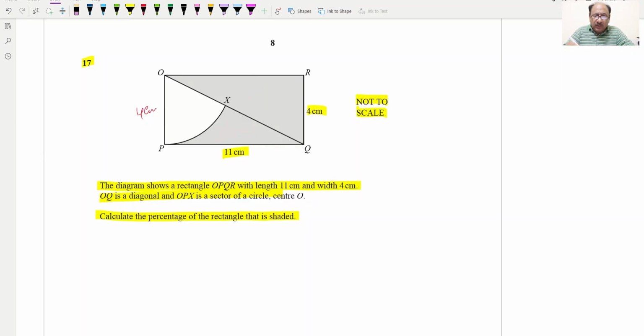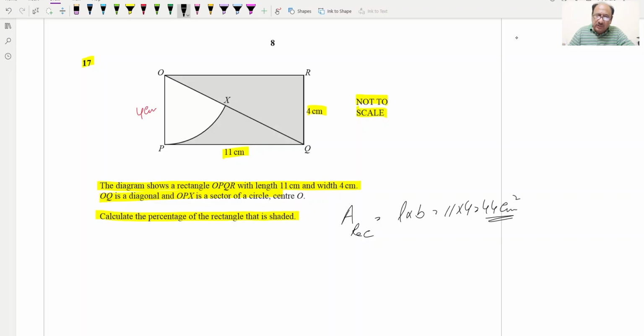And first of all we will find the area of the rectangle, so we can write area of rectangle is equal to length into breadth, and this is equal to 11 into 4, which is equal to 44 centimeters square.